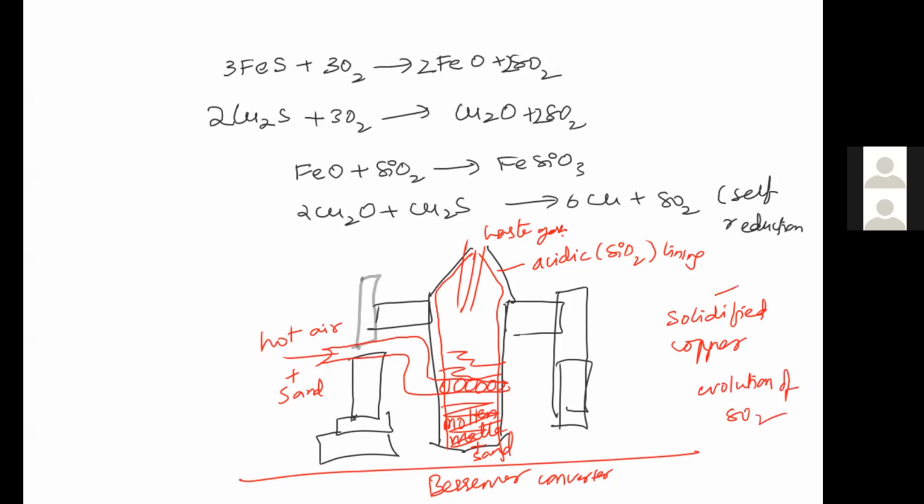So this looks like blisters. That's why it's called blister copper. From Bessemer converter, you get blister copper. So this is the second type of extraction from copper pyrites or glance. Third, we have low grade ores and scraps from which you can extract copper. Third method.